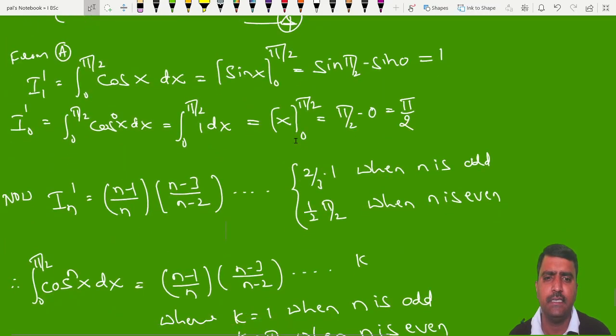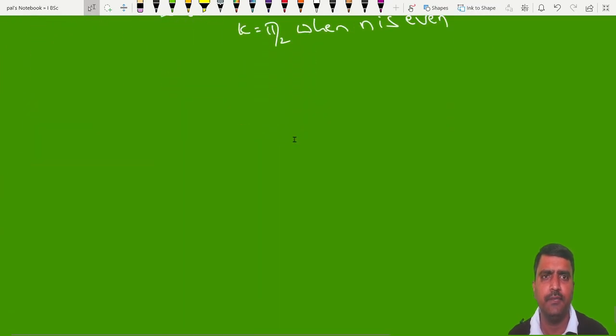By using this we can find the integration of cos of any degree, cos to the power 5, cos to the power 6, like that we can find any value. So just try one such integrand.